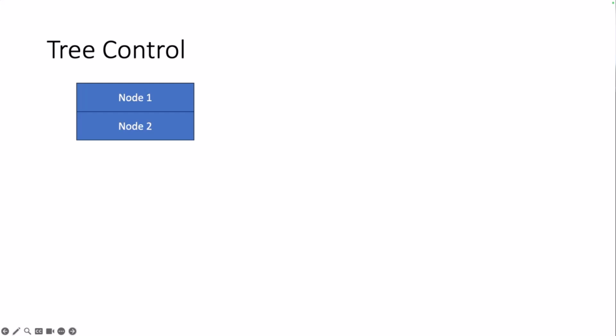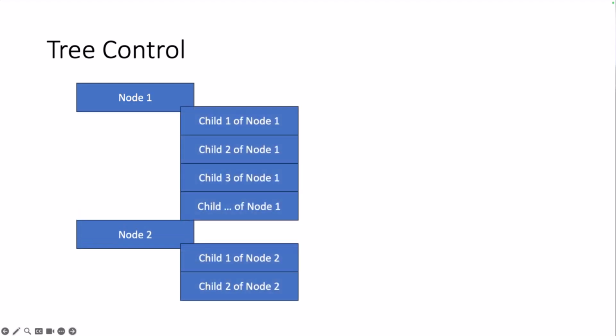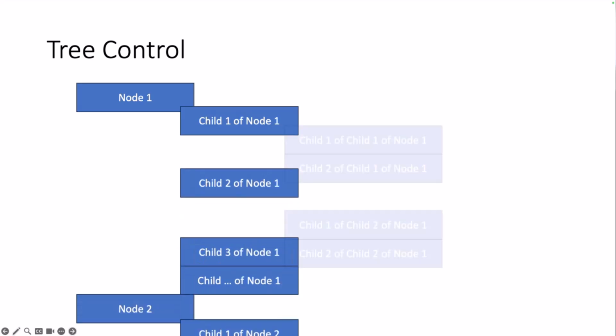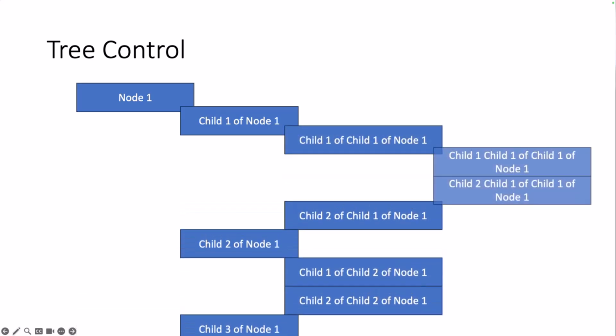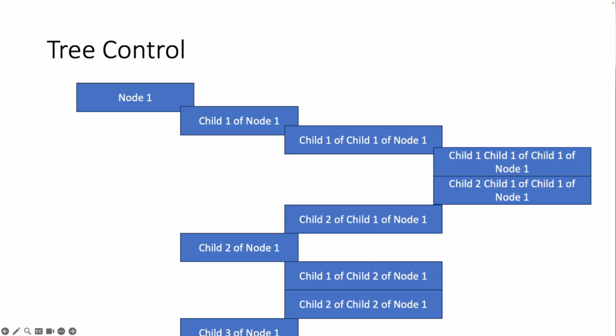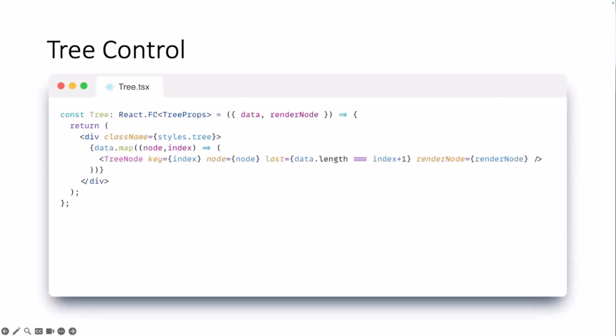So how is the tree control organized? We have nodes. Nodes are persons. So the top manager, or Emma we had before, and under the nodes we have child nodes, and the child nodes again have child nodes, and so on and so on. So this is a recursion, and you can find in the solution how it is solved. This is the tree component.